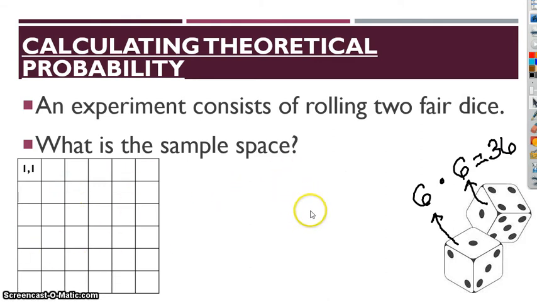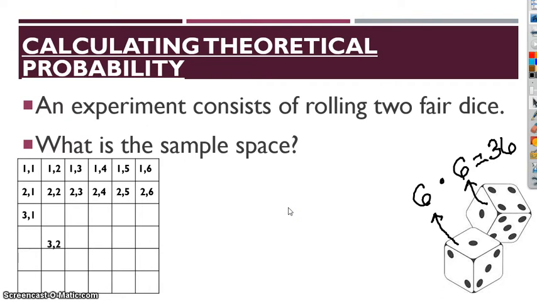Well, we could get a 1 and a 1, a 1 and then a 2, a 1 and a 3, a 1 and a 4, a 1 and a 5, a 1 and a 6. We could get a 2 and a 1, a 2 and a 2, up through a 2 and a 6.